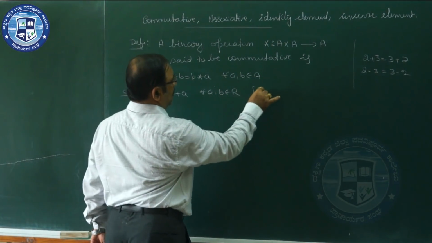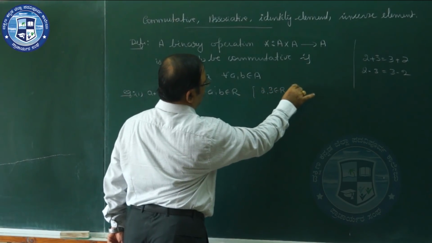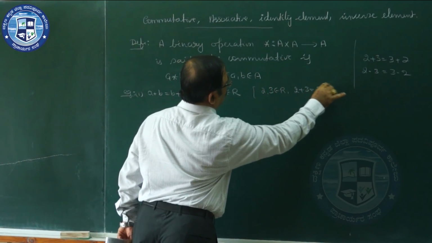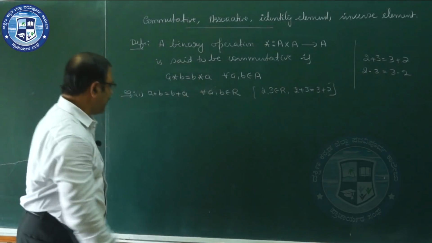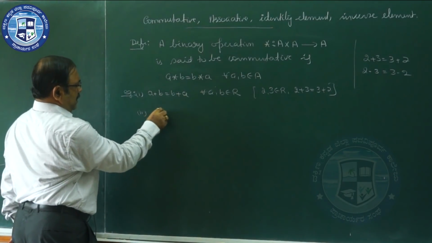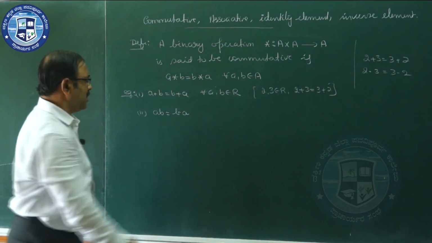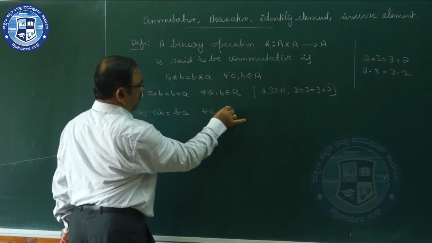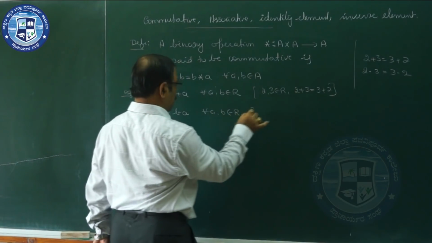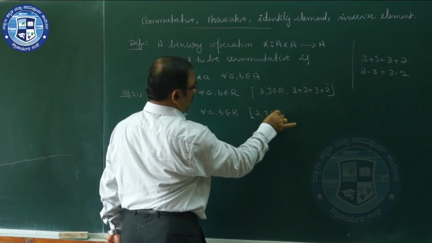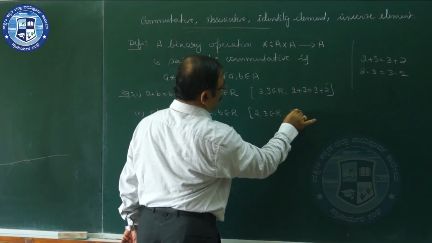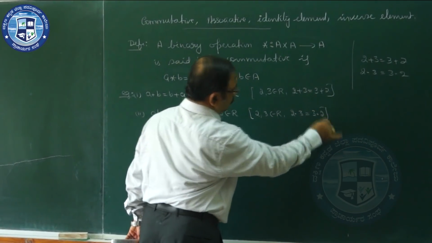For example, 2, 3 belonging to R: 2 plus 3 equals 3 plus 2. Similarly, A into B equals B into A for all A, B belonging to R. This is multiplication. So 2, 3 belonging to R: 2 into 3 equals 3 into 2.